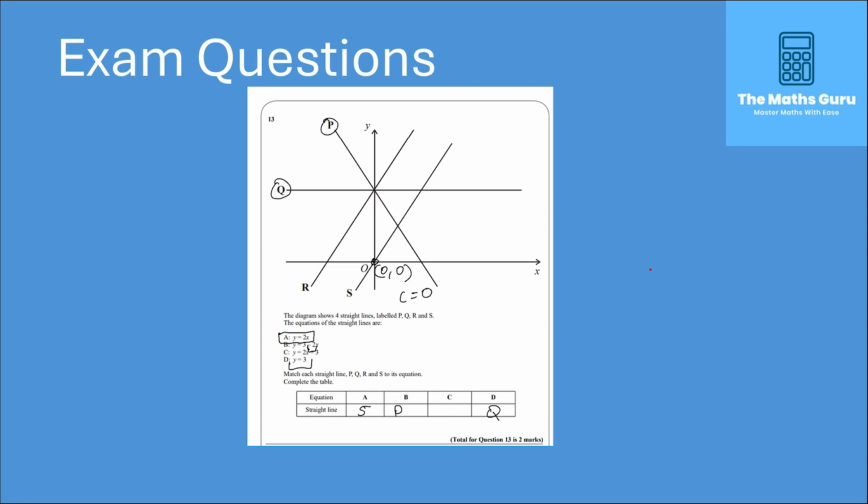And by elimination, y equals 2x plus 3, so C is going to be our R. And as you can see, it intercepts at y equals 3, which is what D is. So they have an intersection point at 0, 3.